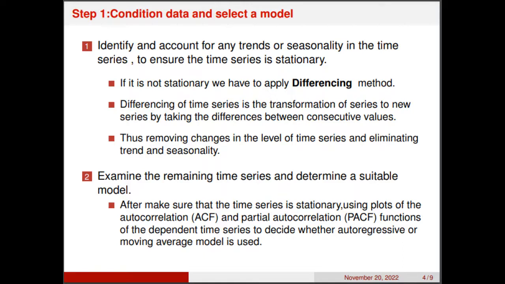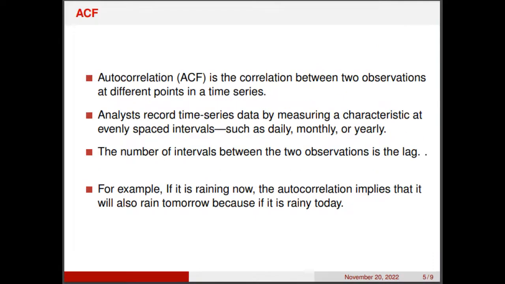So here we want to know what the autocorrelation function and the partial autocorrelation function are. The autocorrelation function is the correlation between two observations at different points in the time series. Analysts record time series by measuring characteristics at evenly spaced intervals, like daily, monthly or yearly. The number of intervals between two observations is called the lag.